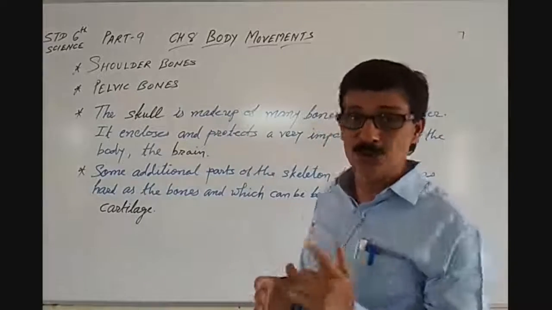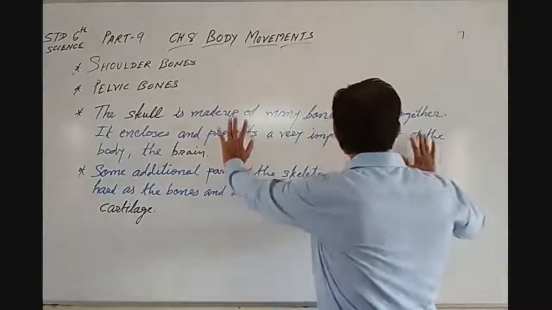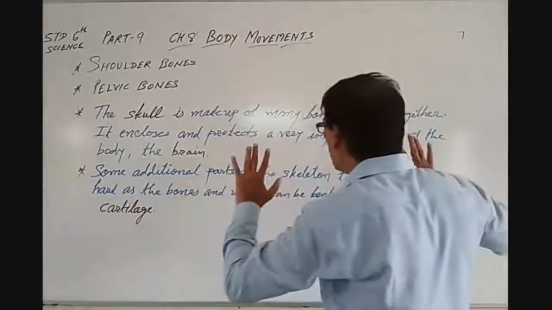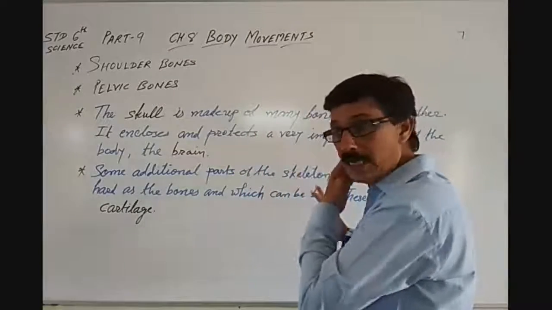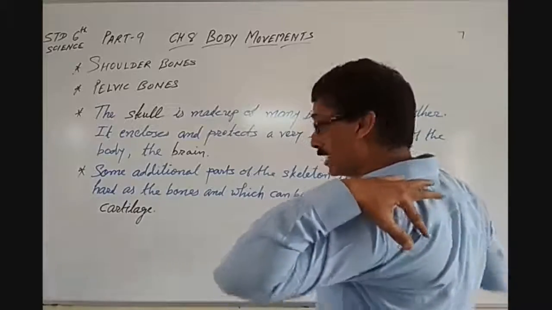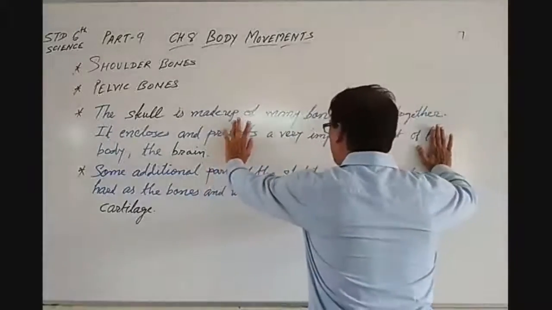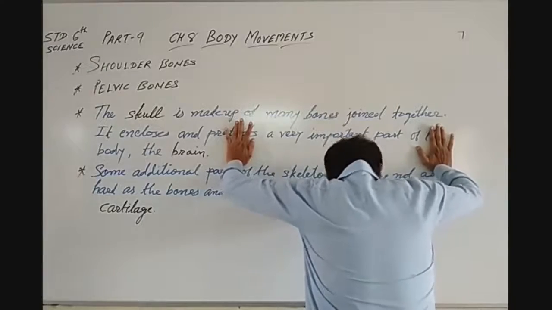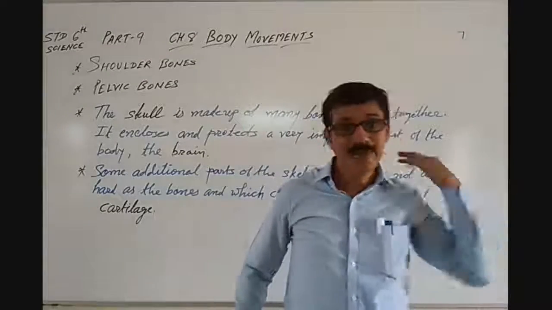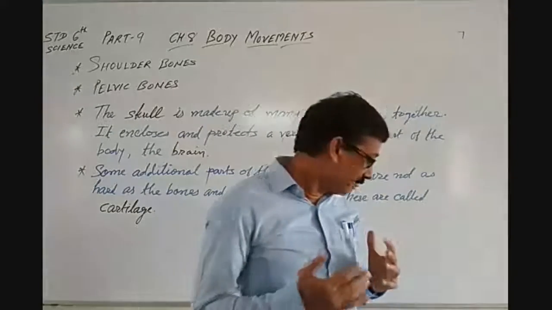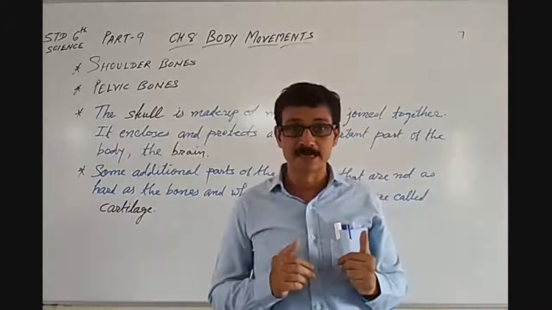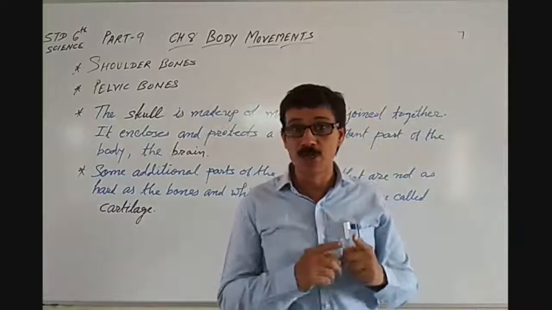He has to put his hands on the wall like this and push, so that you will find some prominent bones. Look over here. If you do this, you will find two prominent bones. Prominent means we can see them; these noticeable bones are known as shoulder bones.